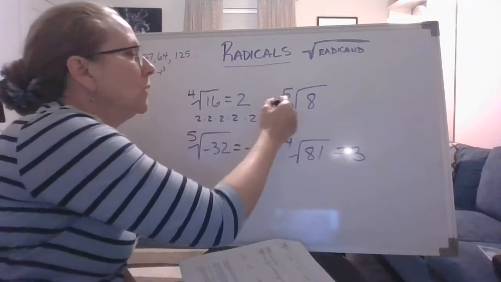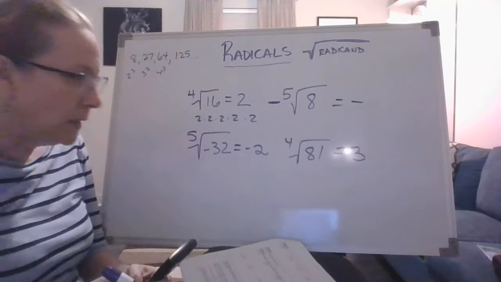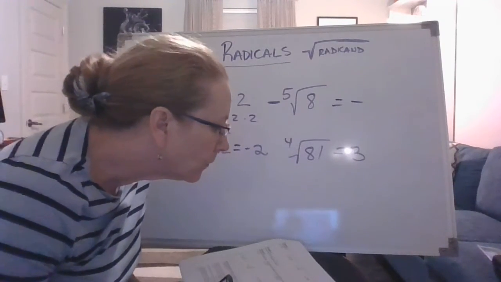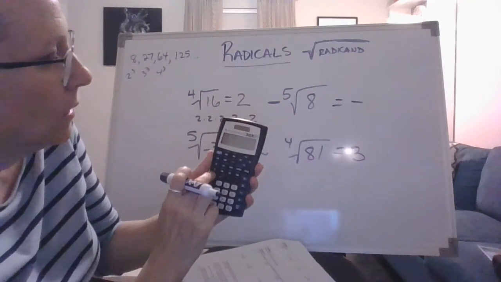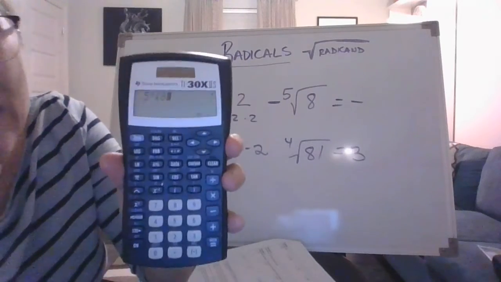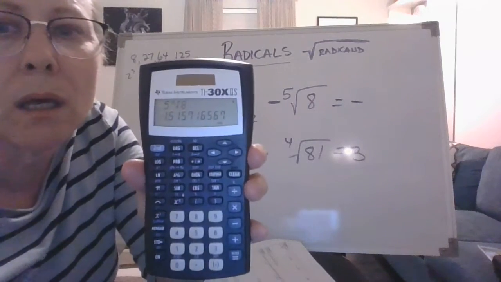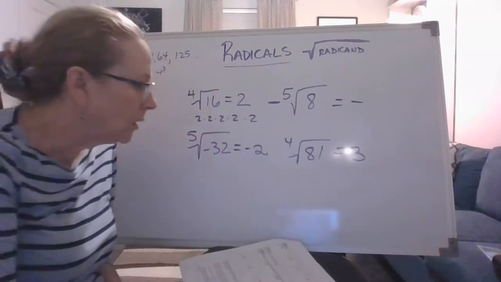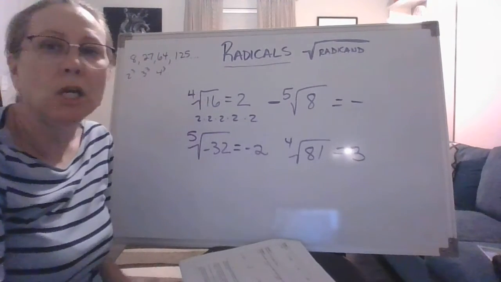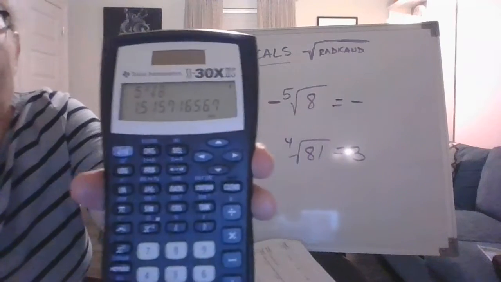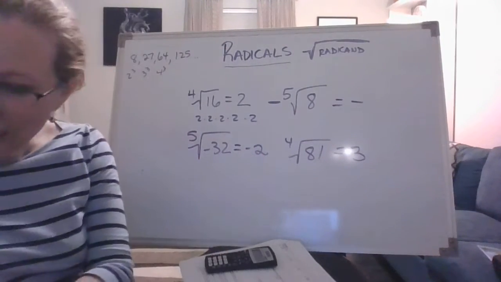All right, I skipped over this one. There's a negative out front, so it's going to be a negative answer. Do we have a fifth root of 8? Well, let's check it out. Fifth root of 8. I didn't put the negative out front because I already know that's there. Equals. Oh, it comes out to a decimal. Does it have a fifth root? It does not. So if you get a decimal number like so, you don't have an answer. It has no root.